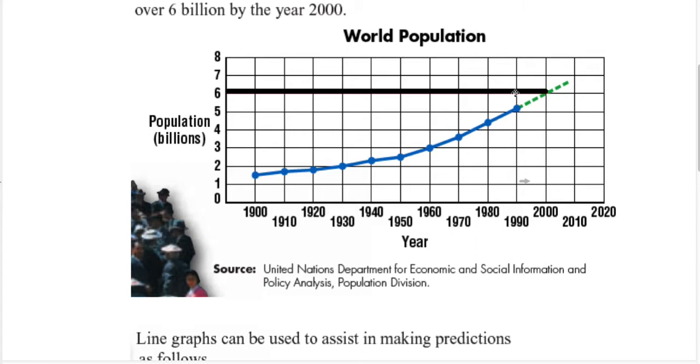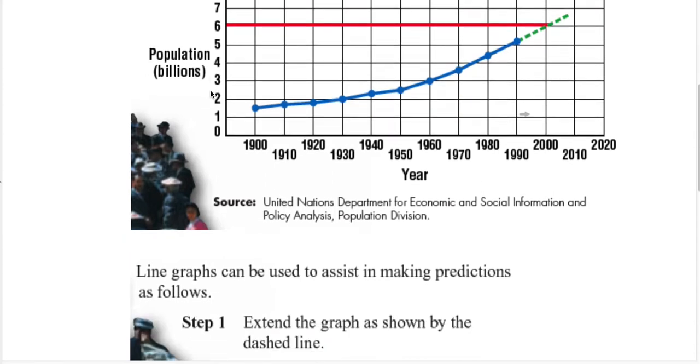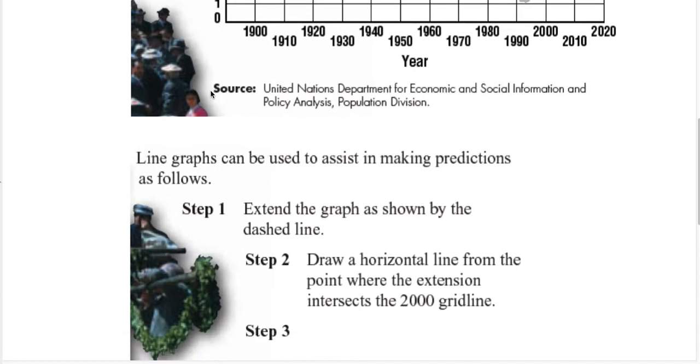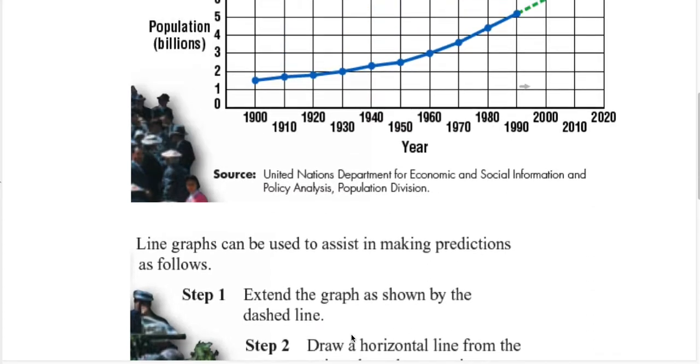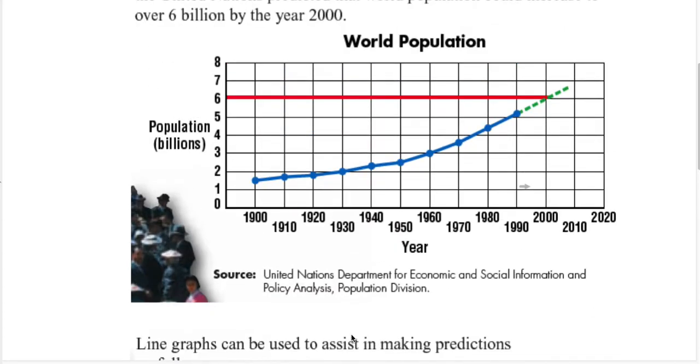And we draw a red line from the 2000 grid line, and we notice that it goes all the way to the number 6, which represents 6 billion. And step number 3, you can see that the population of the world could be over 6 billion by the year 2000.